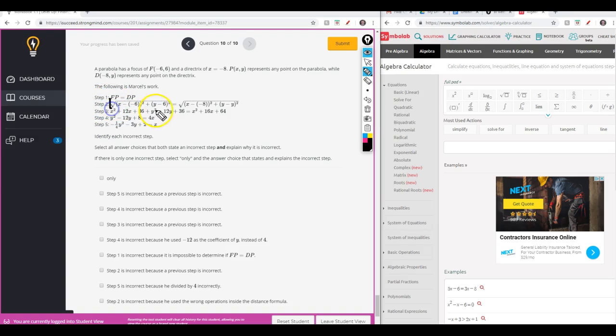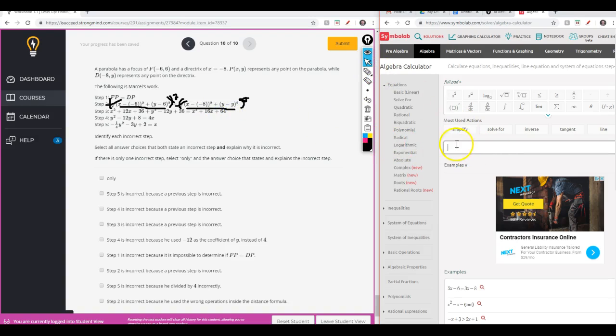So the very first step between step 2 and step 3 is to square both sides so that the square root and the square are inverses, so they'll undo each other and we'll just be left with what's underneath the square root sign.